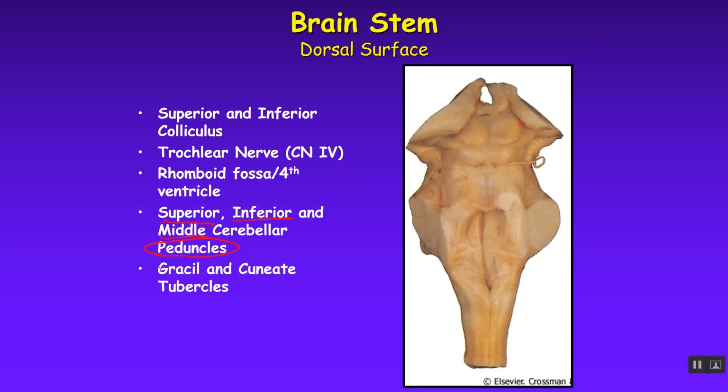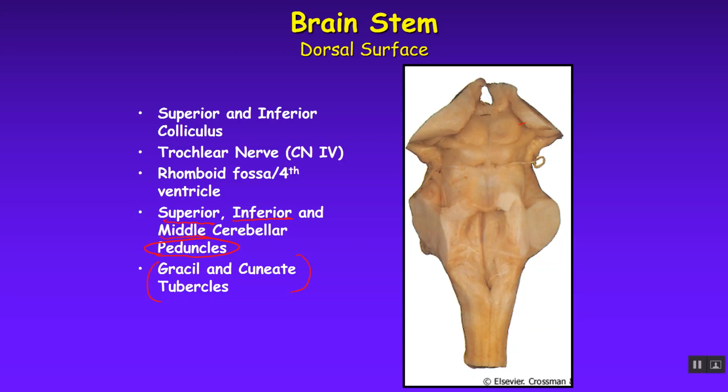And then the other thing we want to look at back here is the gracile and cuneate tubercles. Remember, tubercles are just those little bumps on the surface anatomy. Typically underneath those bumps or tubercles you have cell bodies. Under the brachiums, we tend to have more axons, pathways running. But under little tubercles or bumps, you tend to have a group of cell bodies.